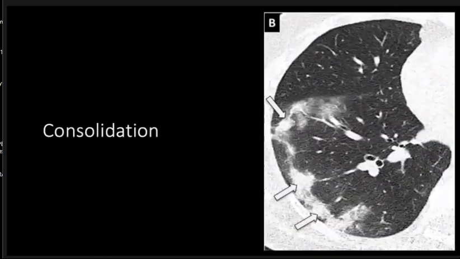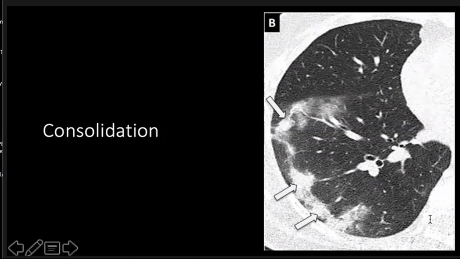So next is consolidation. It consists of an increase in lung attenuation that obscures vessels and airway walls. Consolidations represent the second most common pattern and appear in association with ground glass opacities, or less frequently alone. So they are indicative of disease progression.